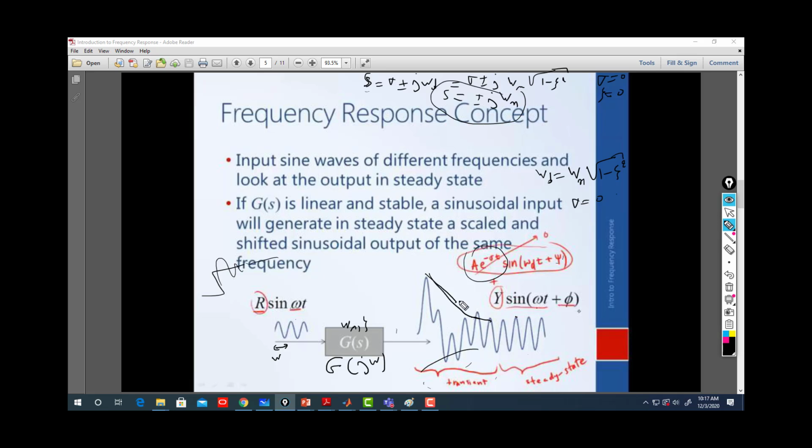Why we need to replace s by j omega, we'll see it later, but just now remember it: when we draw Bode plot, s will be replaced by j omega, basically because we are interested to look at the steady state only.